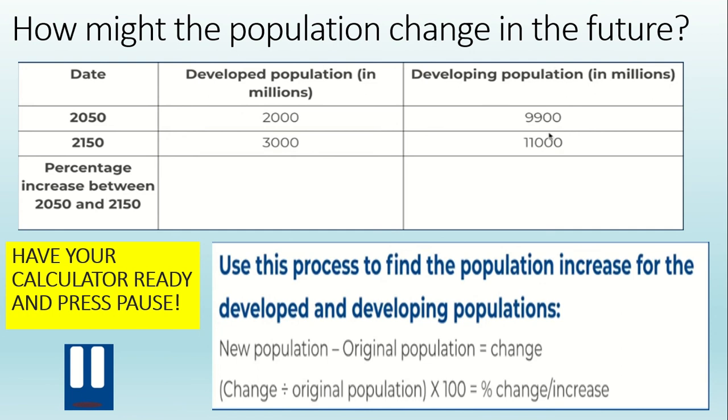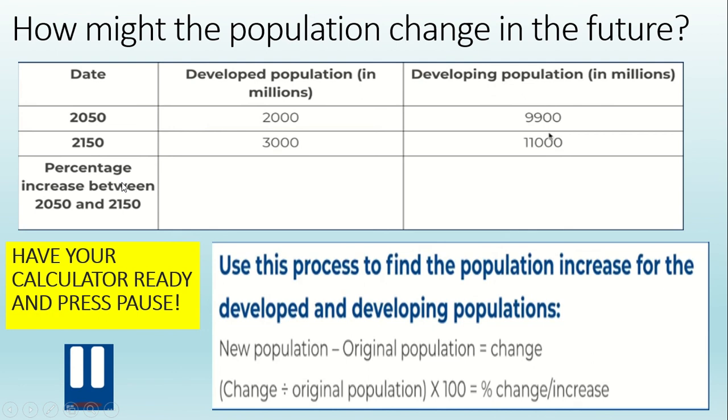Okay, so you're going to do this on your own now. We're going to be looking at statistics from the future, how population might change in the future. You're going to be working out the percentage increase for developed populations between 2050 and 2150, and you're going to be working out the percentage increase for developing populations between 2050 and 2150 as well.